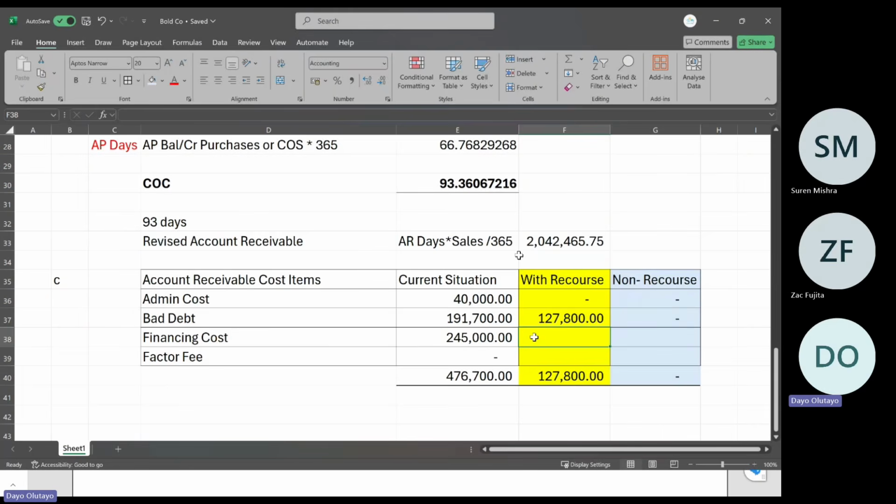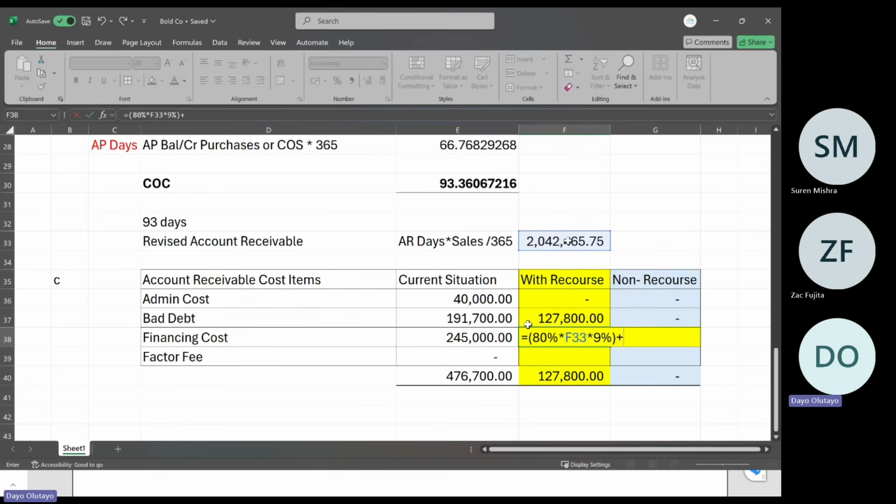So which means we're going to have 2 batches of financing. The first batch is the 80% that will be financed by the factor. So 80% of the revised account receivable balance, and that will be financed at 9%. That's the first part.